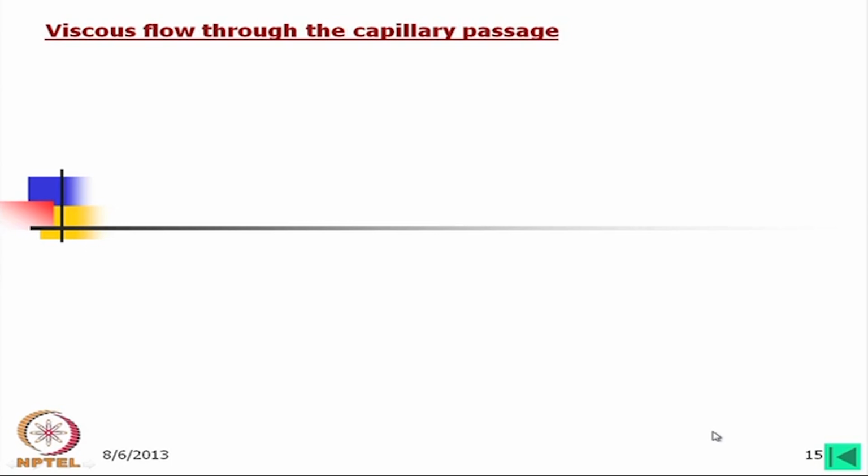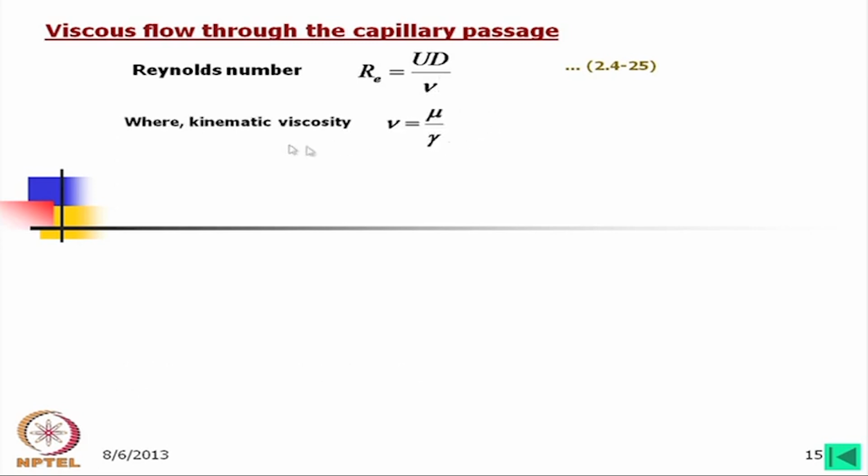Now, viscous flow through the capillary passage. One important factor we consider is the Reynolds number. Reynolds, as you know, is a scientist who developed these equations, where Re is equal to U d by nu. Now, this is kinematic viscosity; already we know that this is dynamic viscosity divided by density.